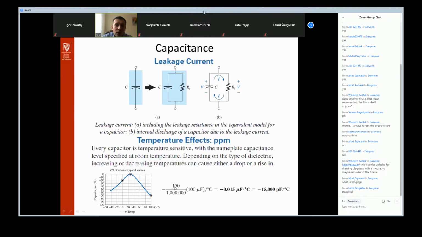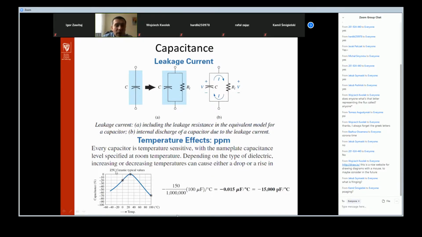So it is 150 over 1 ppm, where 1 ppm is one over a million, multiplied by the nominal value. So we've got, as you see, 15 nanofarads per Celsius degree.